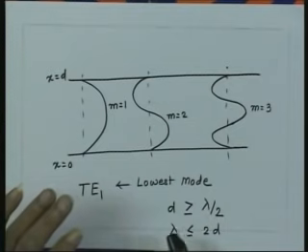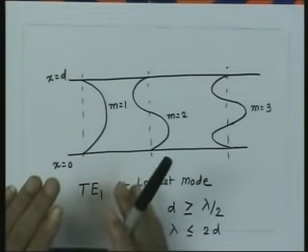That is the lowest frequency which can propagate on a waveguide whose separation is d. So, from here essentially we can get lambda maximum, the largest lambda which can propagate on this, should be equal to 2d.